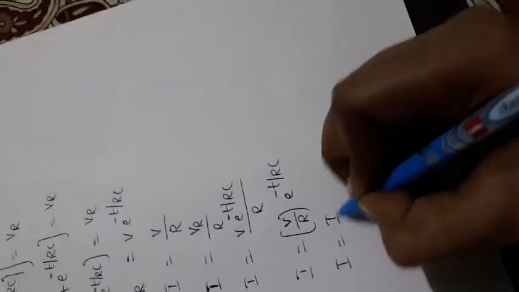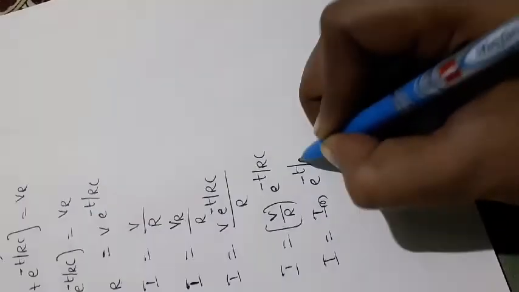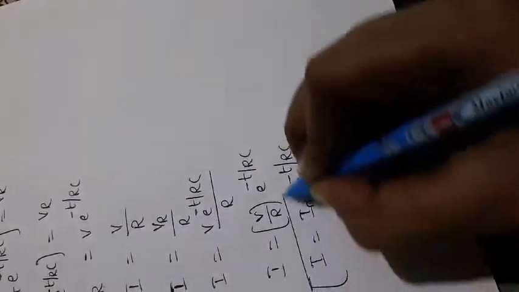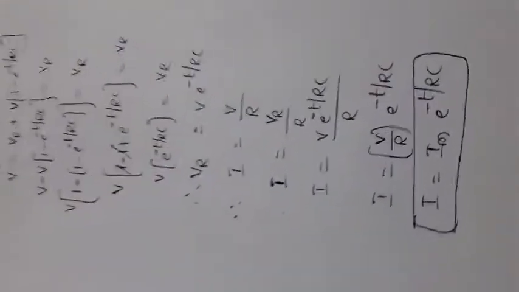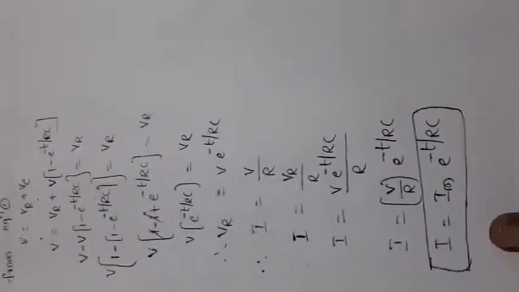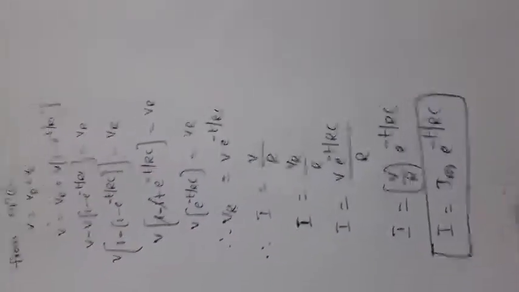So I is equal to Im into e power minus t by RC. This is our current equation. Just observe here, is this growth of current or decay of current? Check it. So this is our transient response of the RC circuit for the current value.